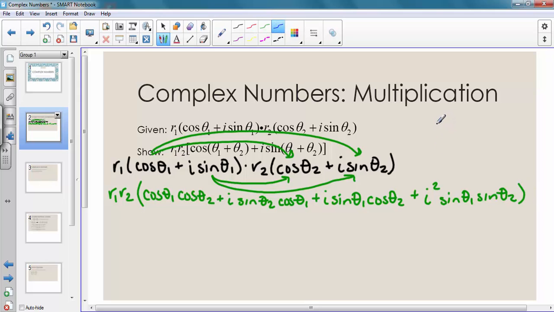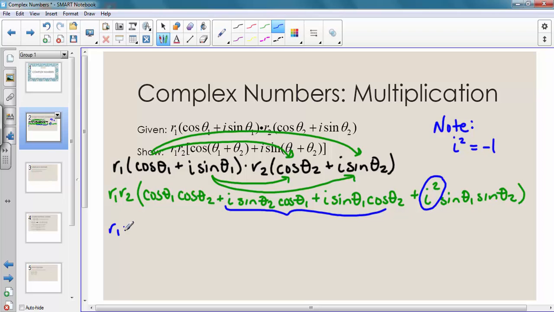And if you remember that i squared equals -1, I can now turn this i squared into a -1, and then I'm going to group this middle part here by pulling the i out in front.